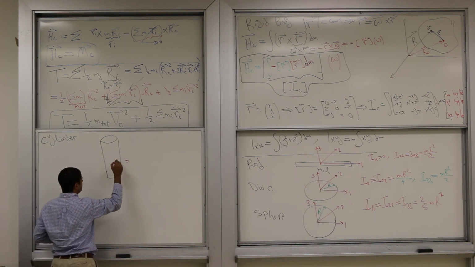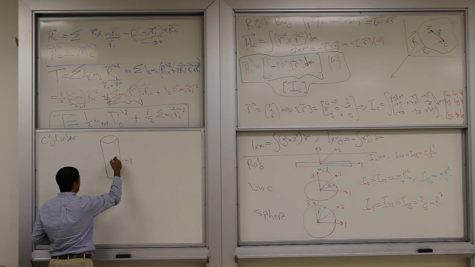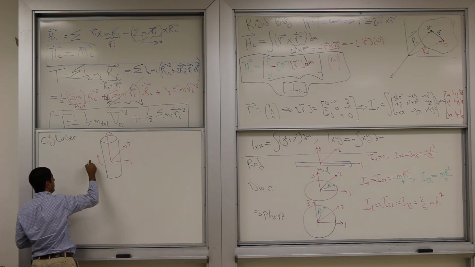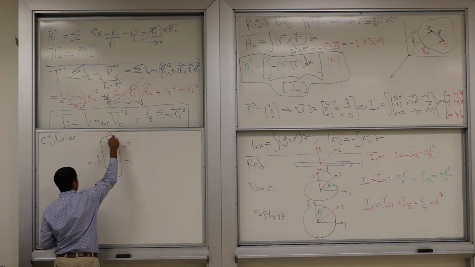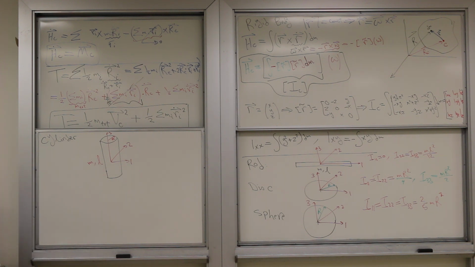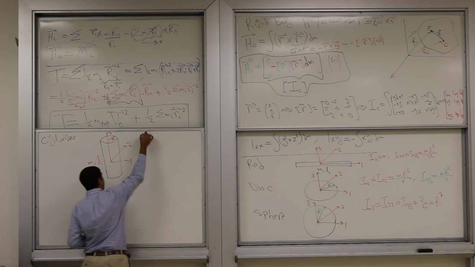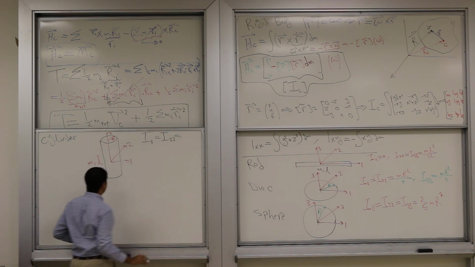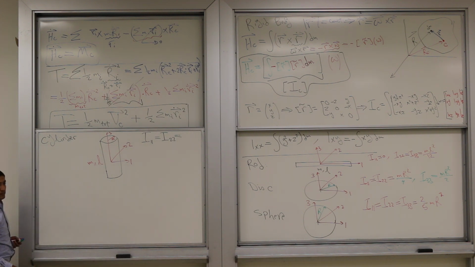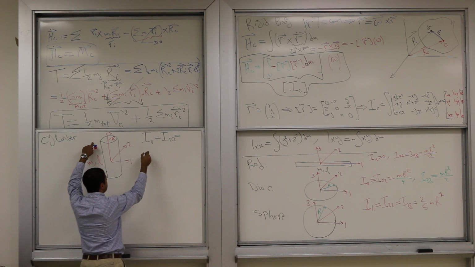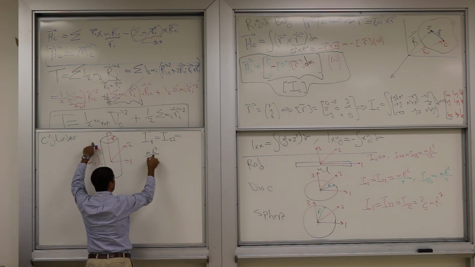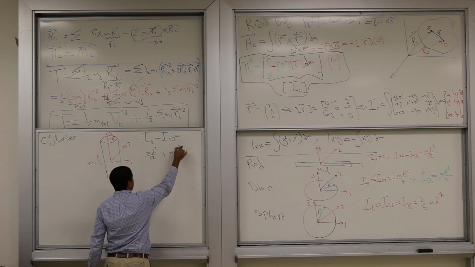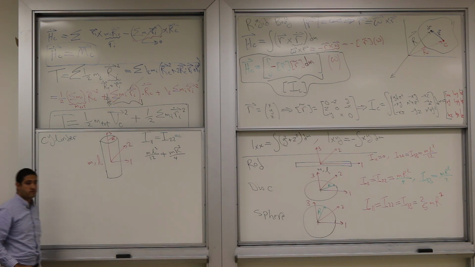So here is the center of mass in the middle, say 1, 2, and 3, the longitudinal axis. Its length L, and mass M, and radius R. Okay? So I11 is the same as I22. And what's that? As a rod, actually, it's ml squared over 12. And as a disk, right, it's mr squared over 4.